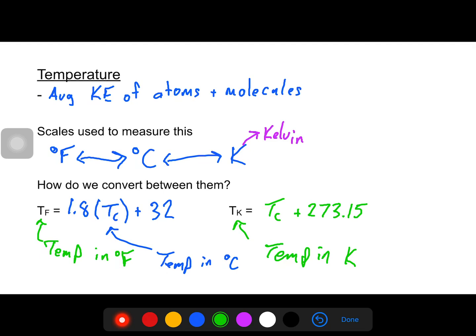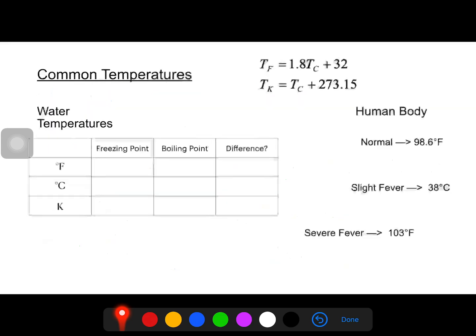Now, Kelvin is an absolute temperature scale. 0 Kelvin is what we call absolute zero, and absolute zero is this theoretical point where all molecules stop. If average kinetic energy of an atom is temperature, then at 0 Kelvin they have zero kinetic energy, and all molecules have actually stopped moving at that point.